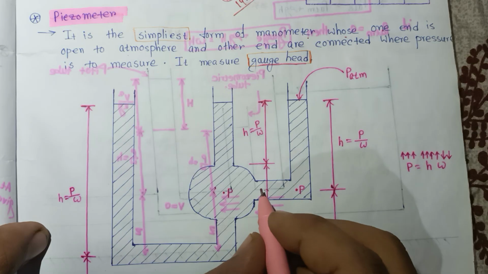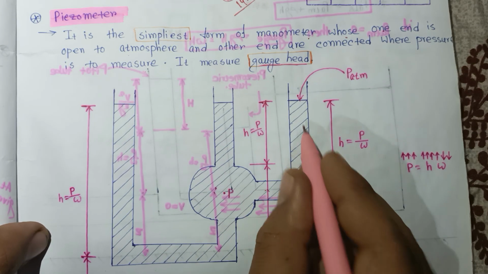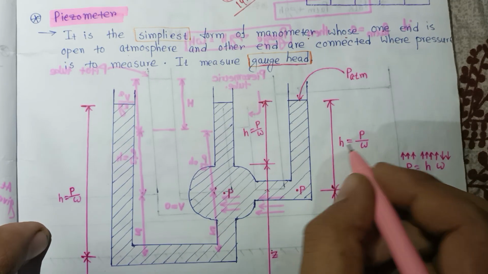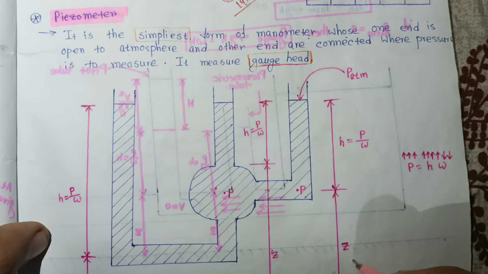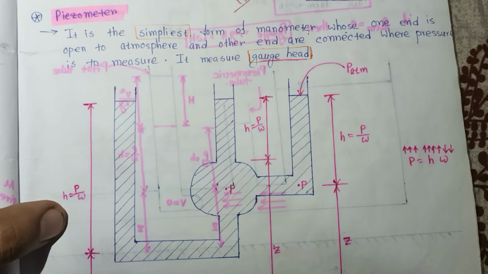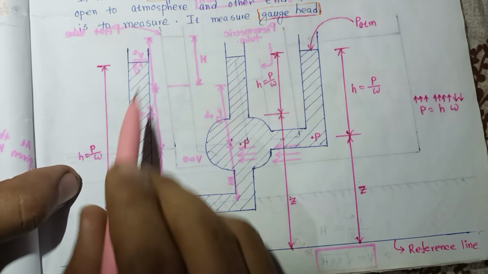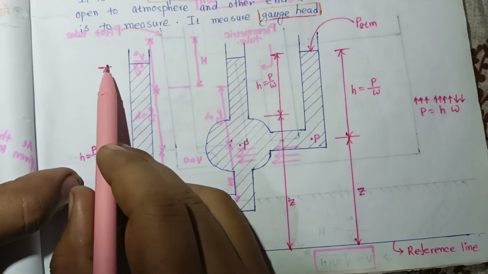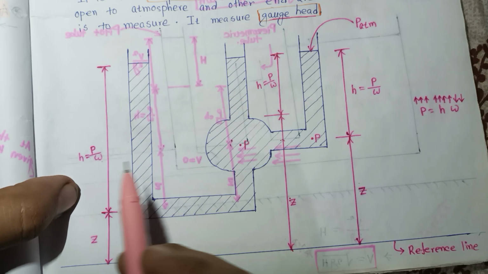If you want to measure using this tube, suppose the tube is like this. Here also H is equal to P by omega, and this is the height Z. From Z to this height is H, that is P by omega.